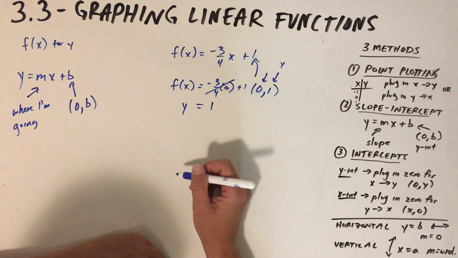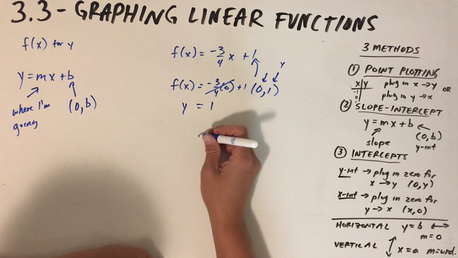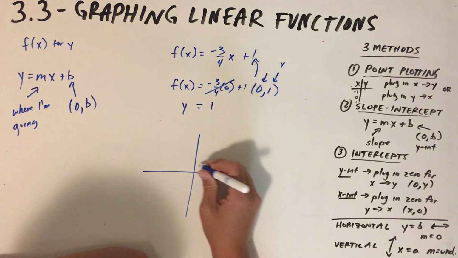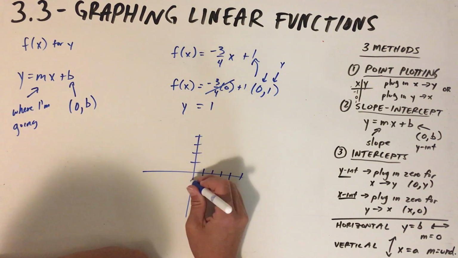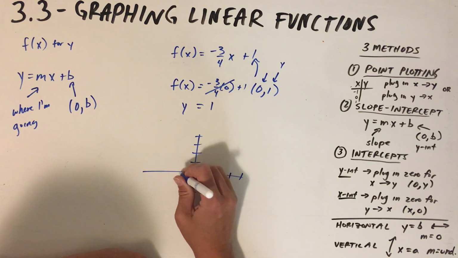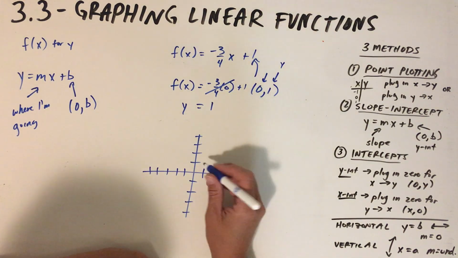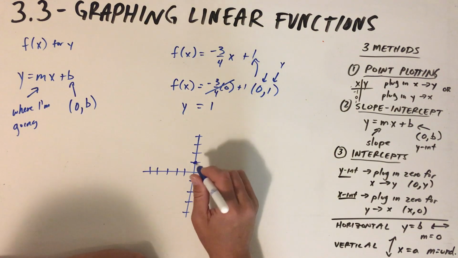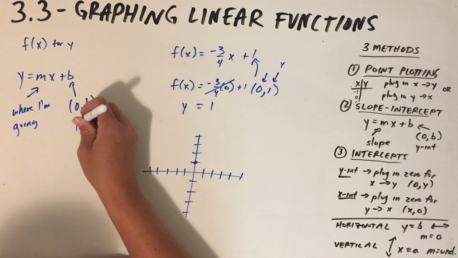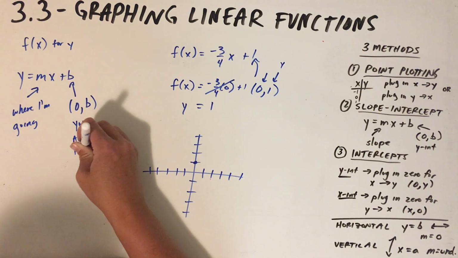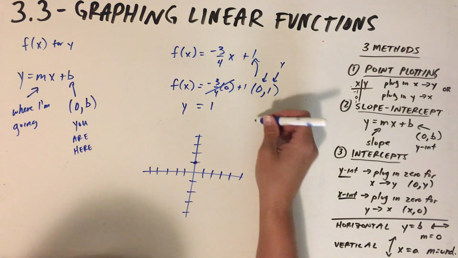So if I look at this equation, it says start at the point 0, 1. So that's right here. And from my "you are here" point, where am I going to go?